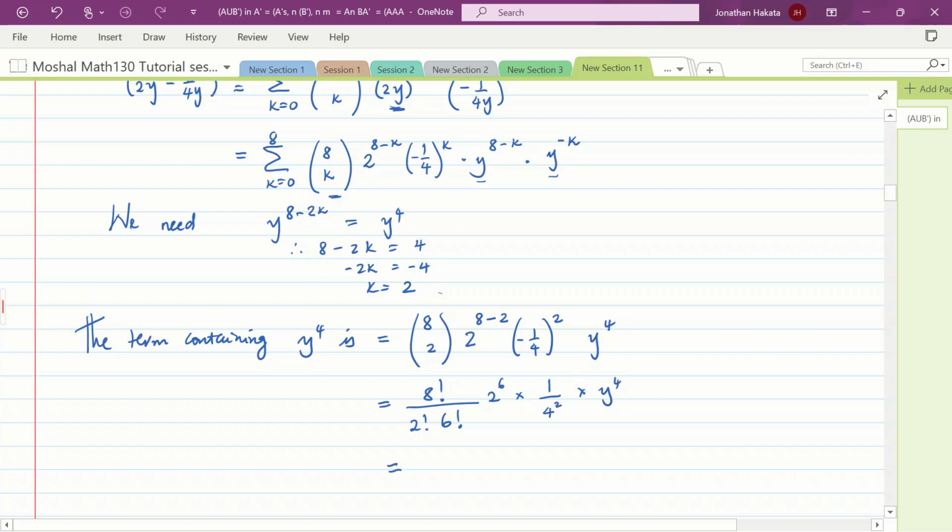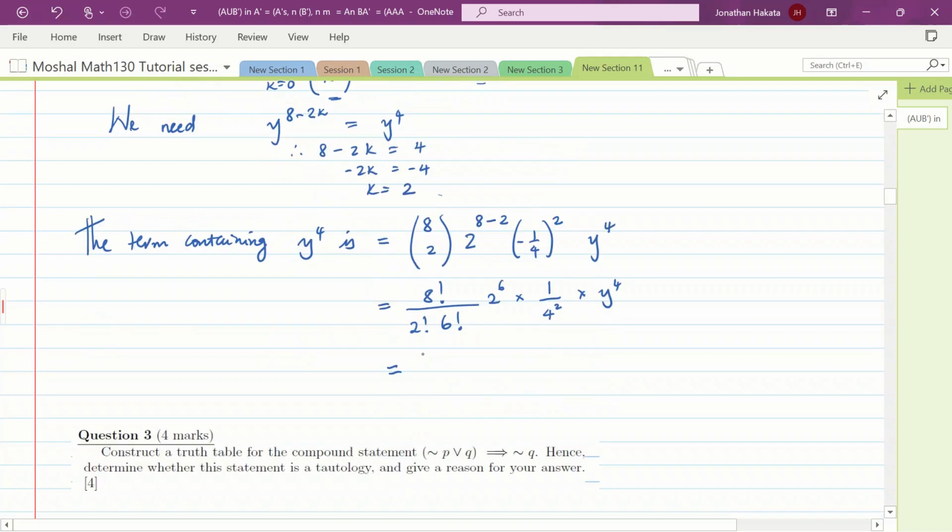So simplifying this, you end up with 8 by 7 by 6 factorial over 2 factorial, which is just 2 because it's 2 times 1, by 6 factorial. So 4 to the power 2 is just the same as 2 to the power 4, right? So basically I can cancel these into there and I'll remain with a 2. So this will be 2 squared y to the power 4.